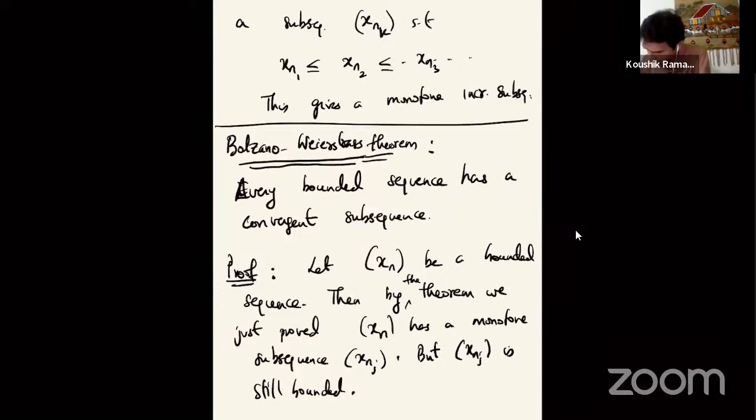Hence, since Xnj is monotonic, it has a limit. Let's say this subsequence Xnj converges to some L.